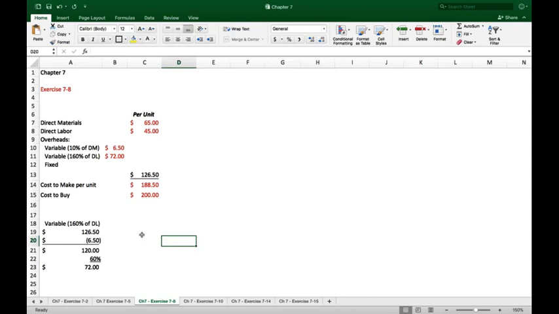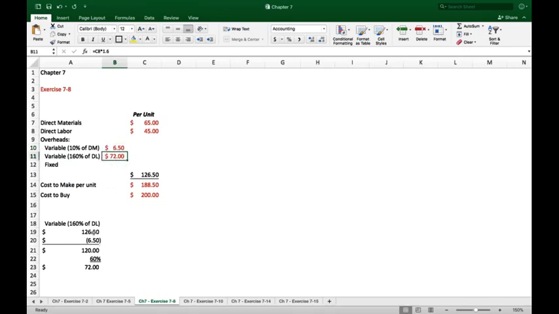So I have all the information written out over here, and I'll explain this as we go along. They've given us materials at 65, labor is given at 45, overhead is given at 126.50, and I also know that 6.50 is a charge on materials, that's a handling charge, 10%. Now, how do I come up with the 72 over here?